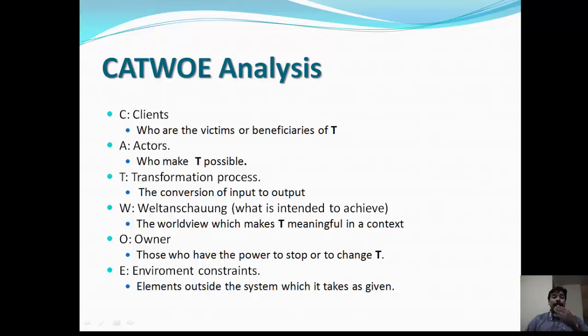So that's the worldview which makes the T meaningful in a context. If this is a simple system, like the gas station, we just want to sell gas to satisfy customers, and selling gas is the transformation process, and the Weltanschauung is the satisfying of these customers.